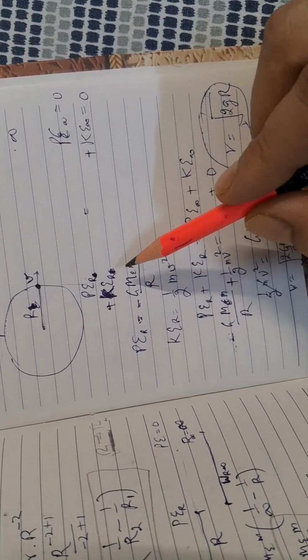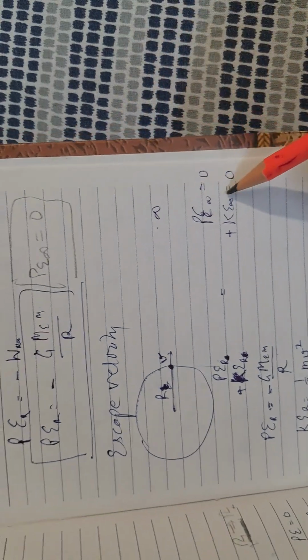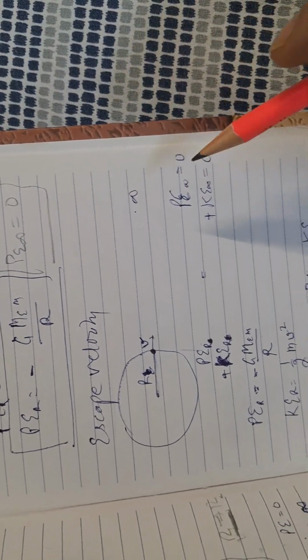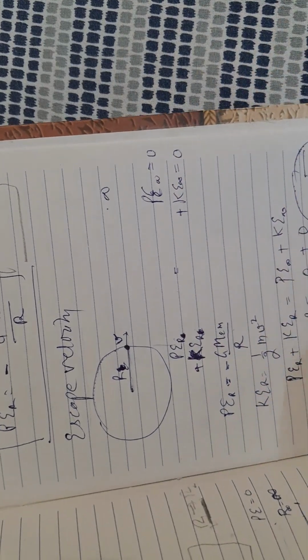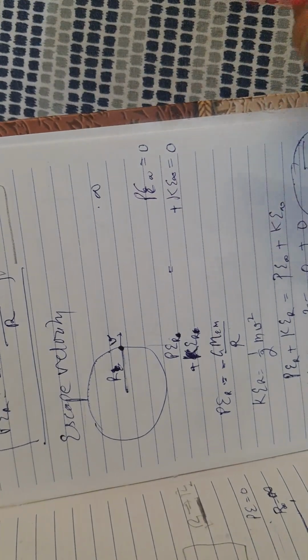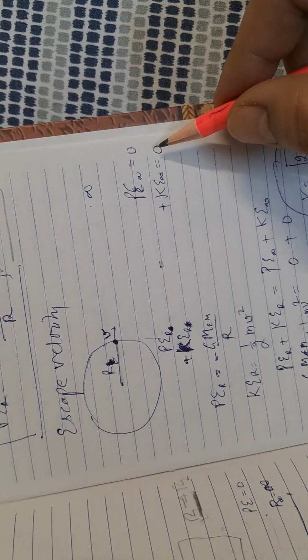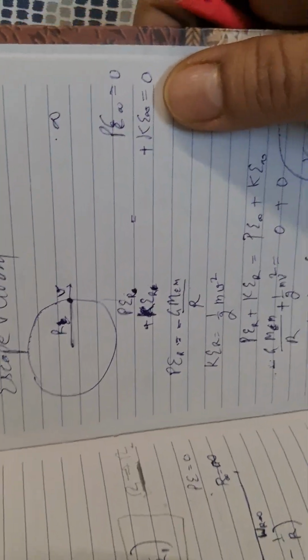The potential energy at infinity, as we know, is 0, and the kinetic energy at infinity is also 0, because we are taking the minimum velocity so that the object just stops at infinity.